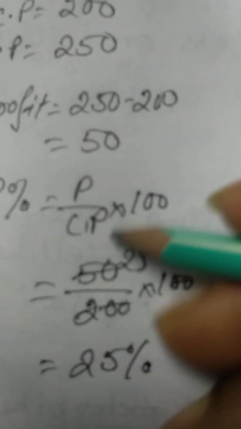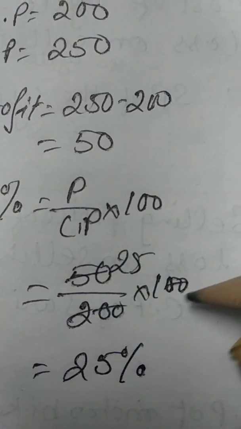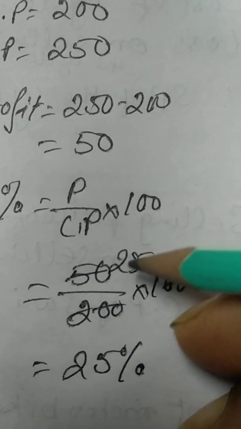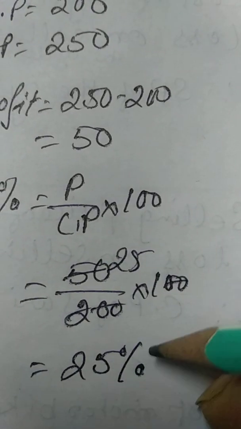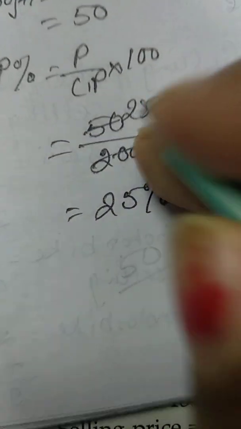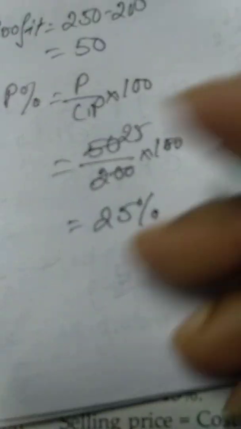See, in your book it is 25%. Same here: 50 by 200 into 100. 0 is cut out. 2 is left. 2 twos are 4, so 25%. Or this way you could have done it. It is the best process. So don't take the other process. This is the easier one.